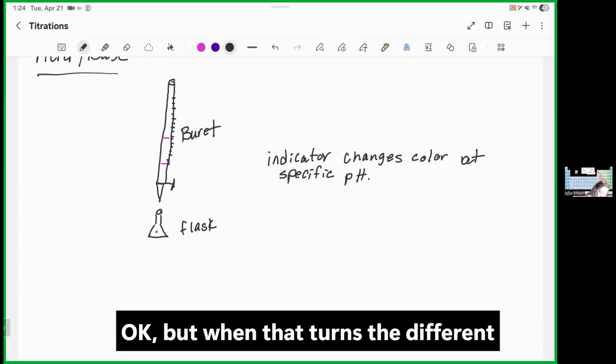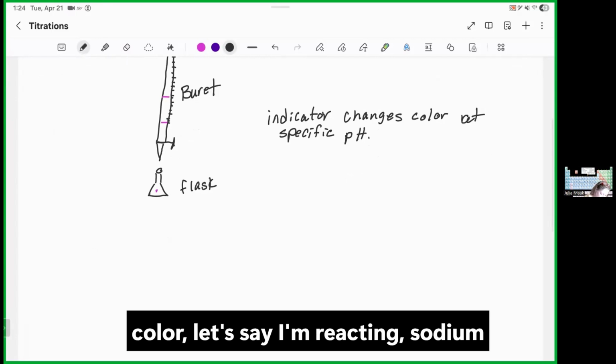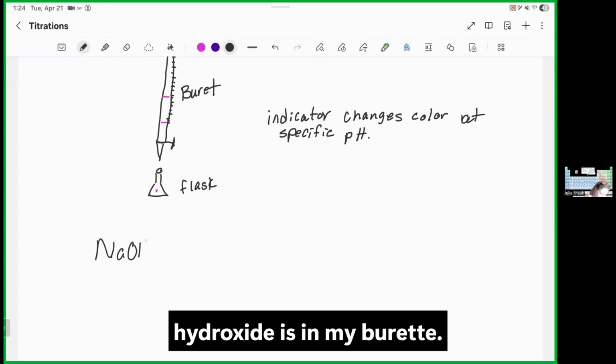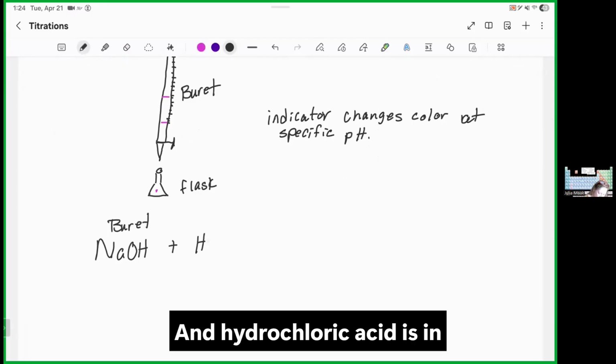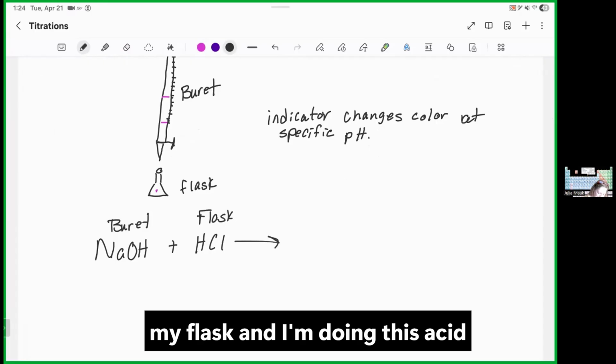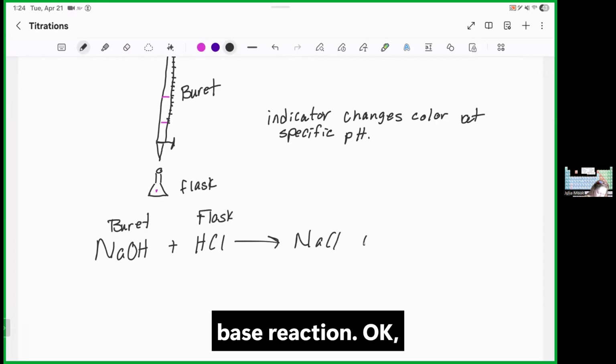Let's say I'm reacting sodium hydroxide in my burette and hydrochloric acid in my flask, and I'm doing this acid-base reaction.